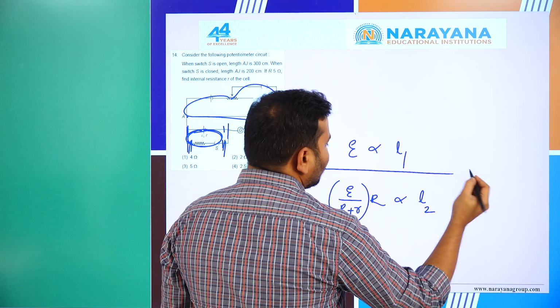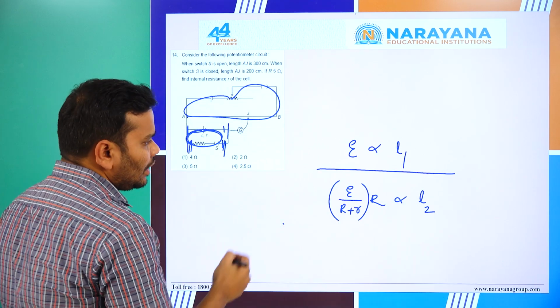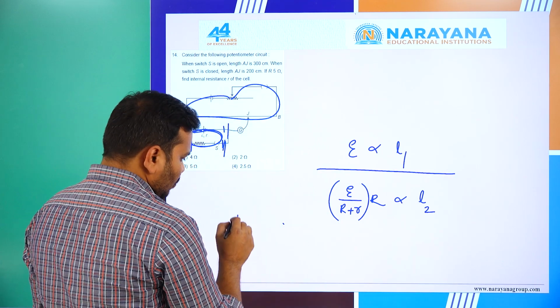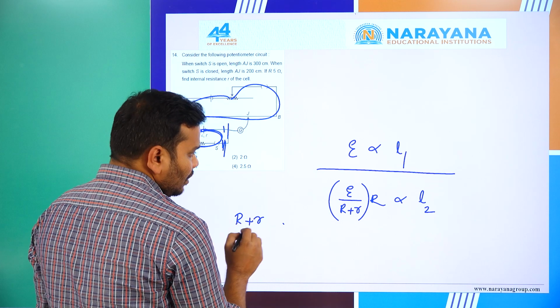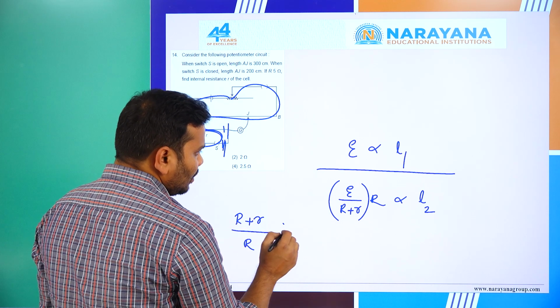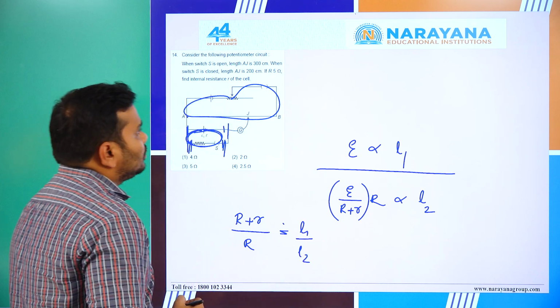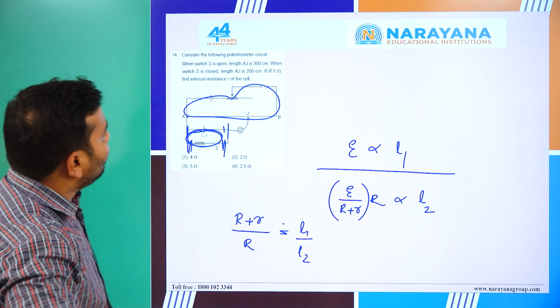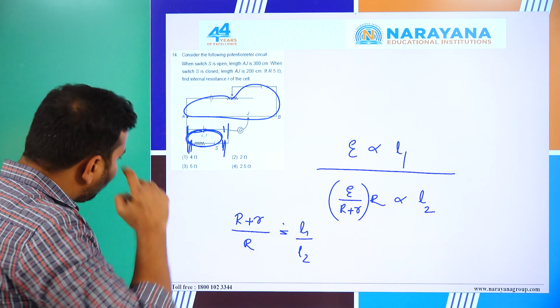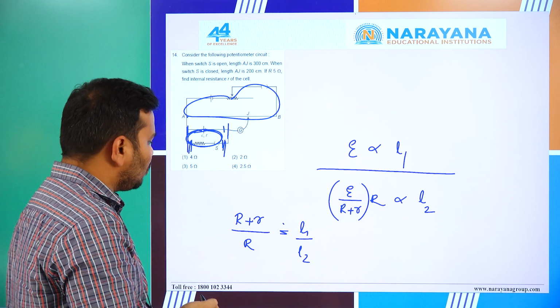If you divide these two equations, E gets cancelled, and you can write (R plus small r) divided by capital R is equal to L1 by L2. We need to find the internal resistance only, and capital R is given as 5 ohm.